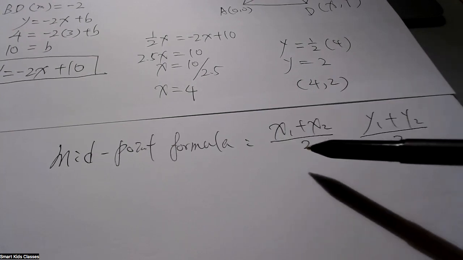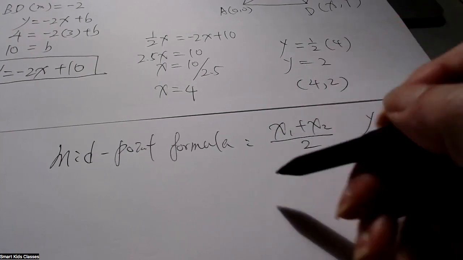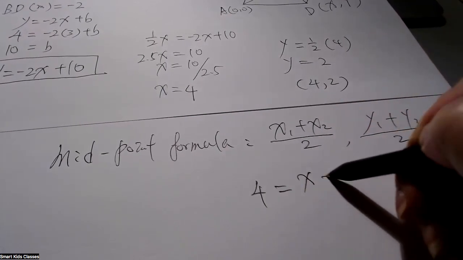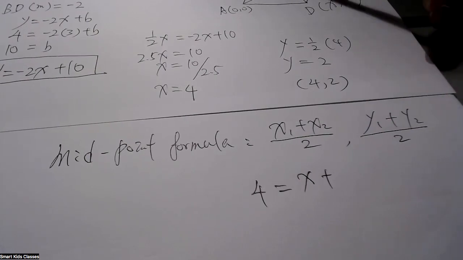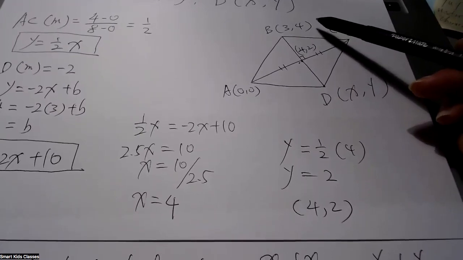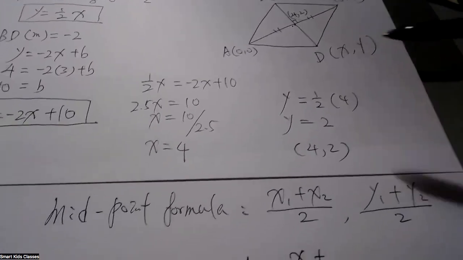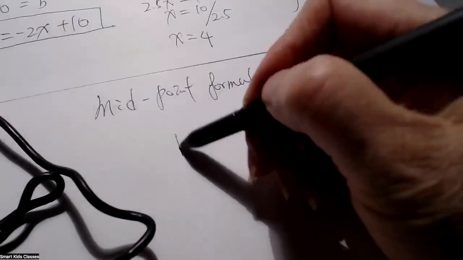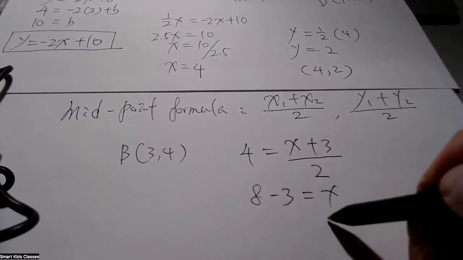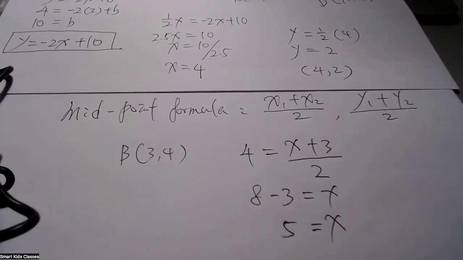So we find x first. The midpoint x is 4, equal to x plus, and B here is 3 and 4. So we apply 3 and 4. It's going to be 8 minus 3 equal x, and x equals 5.